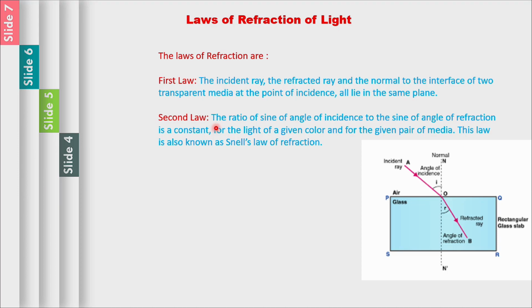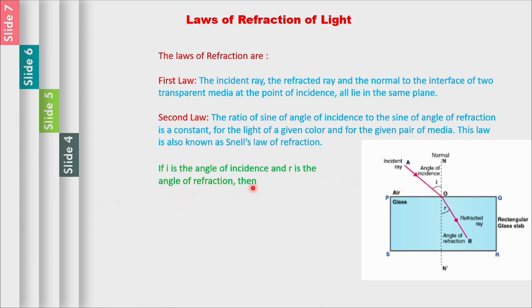So what is the ratio of sin i to sin r? It is a constant. That constant is called the refractive index of medium 2. Here medium 2 means the glass, and air is considered as medium 1. That is, medium 2 with respect to the air.